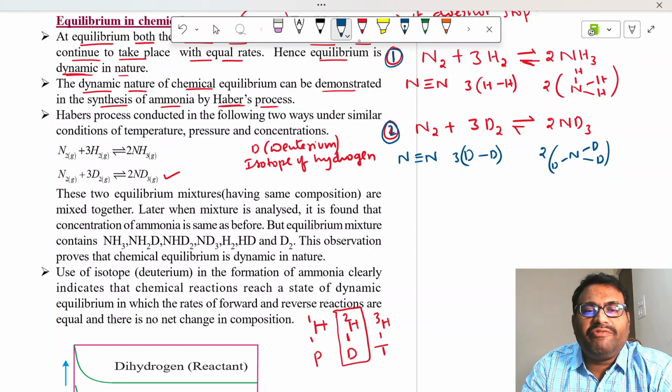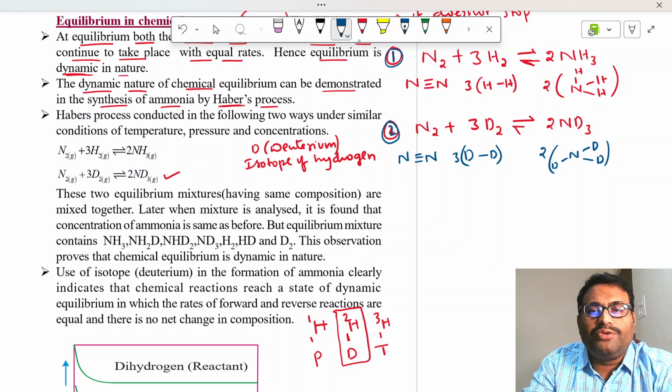After some time, when it is observed, if the reaction does not occur at equilibrium, for example if the reaction has stopped, what should be present in the container?